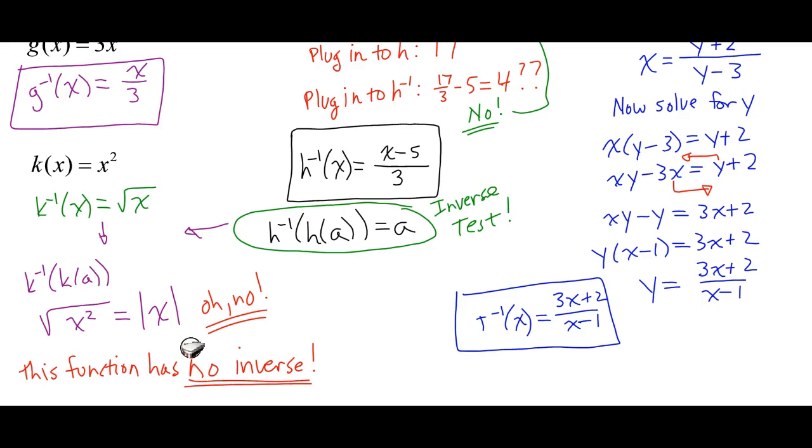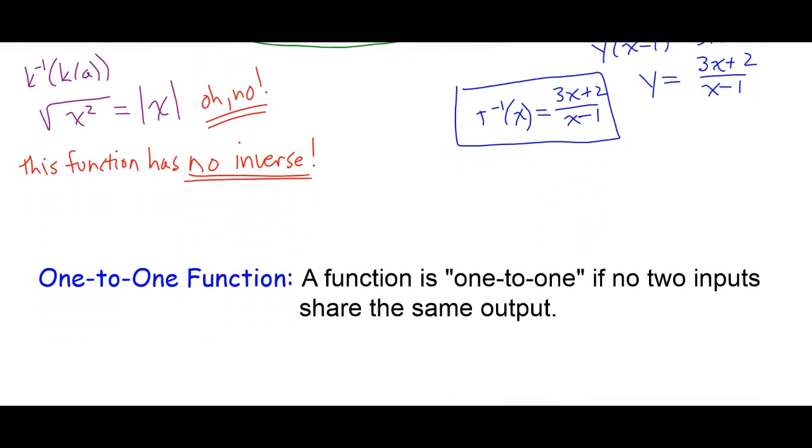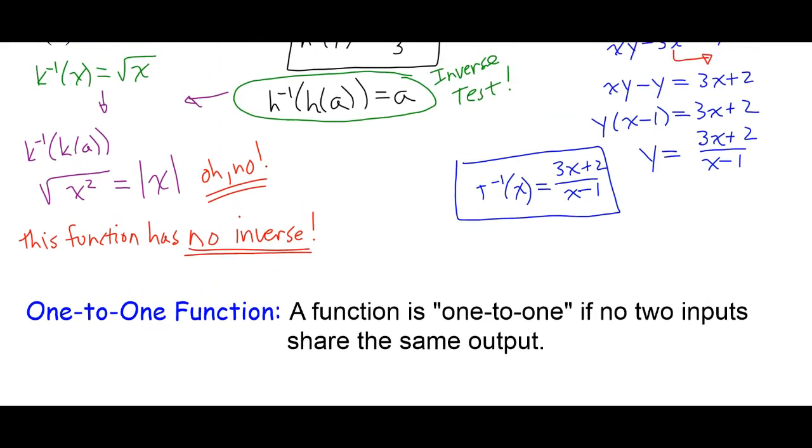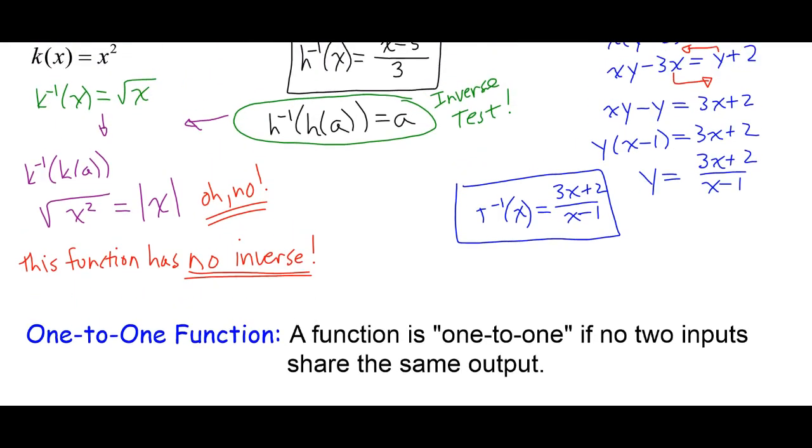So then, of course, you want to know, when do I know if something has an inverse or not? And it turns out there's a thing called a one-to-one function. What we want to avoid is what we just saw happening there, where one output had two different inputs that produced it. 49 came from both 7 and also from negative 7. So you don't want that happening. This is the description of that not happening.